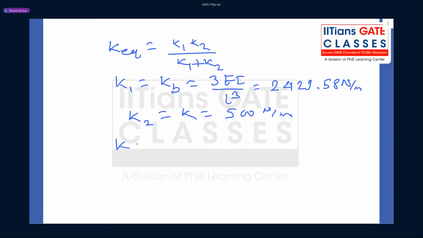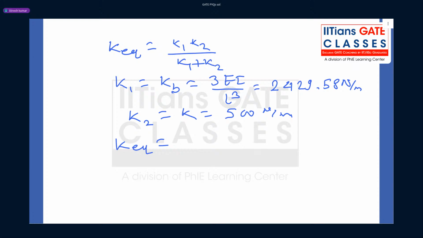So from here, if you find K equivalent, how much will it come? Anybody find out quickly?